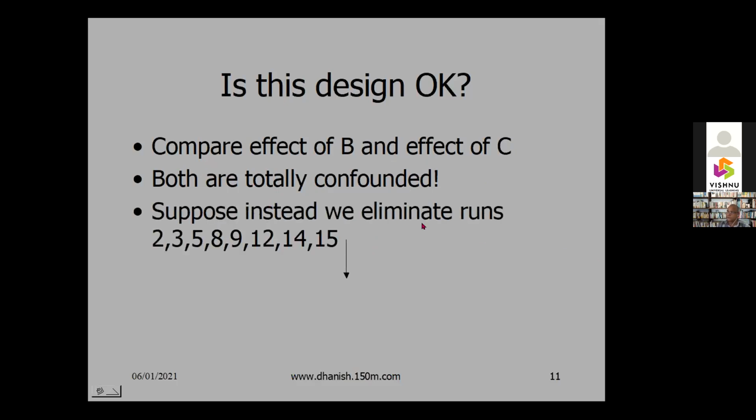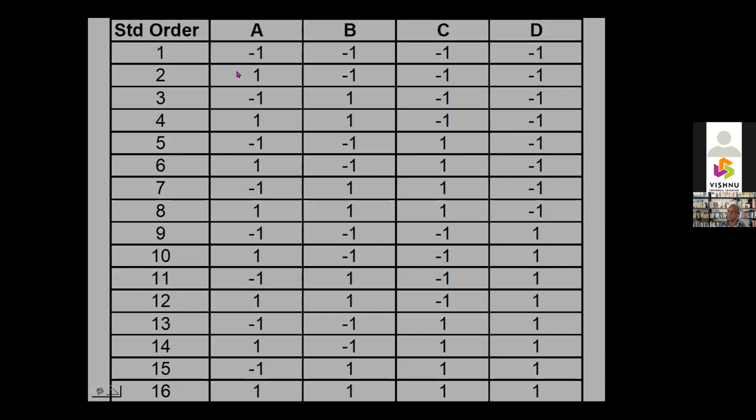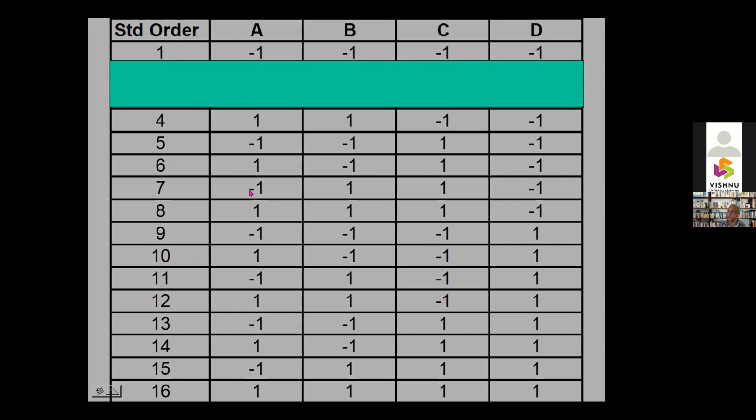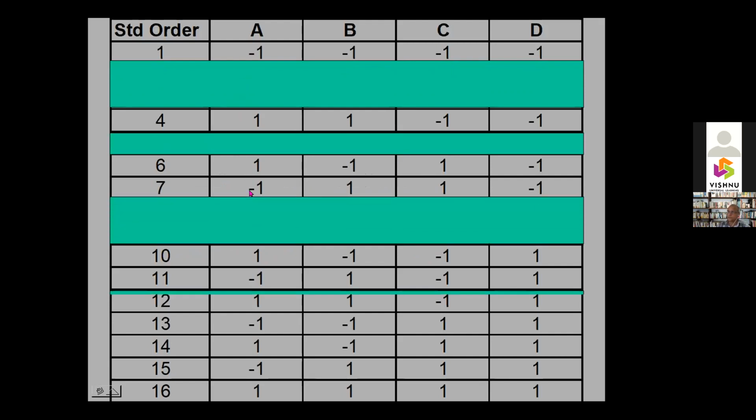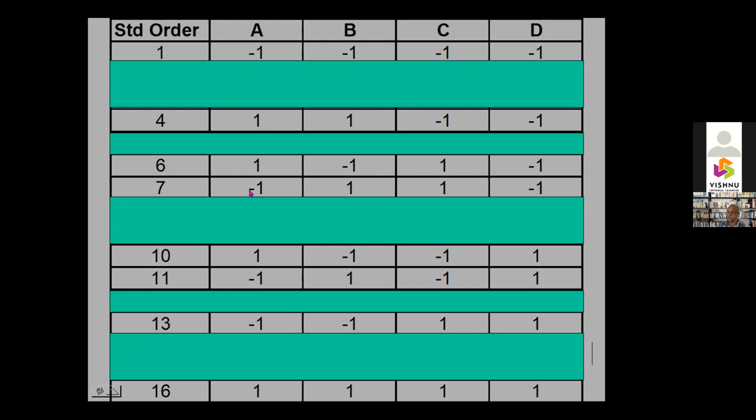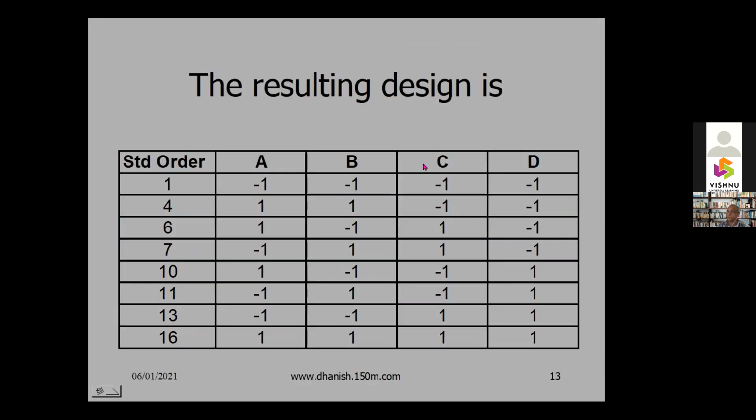Now suppose instead we eliminate runs 2, 3, 5, 8, 9, 12, 14, 15. The resulting design is this. Now these two are different: A and B, if you see, and B and C also.